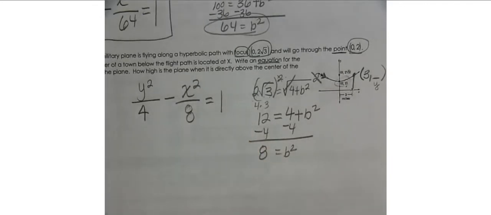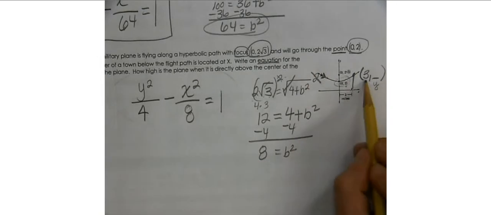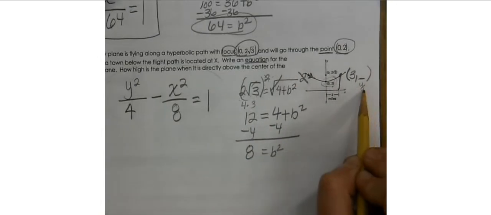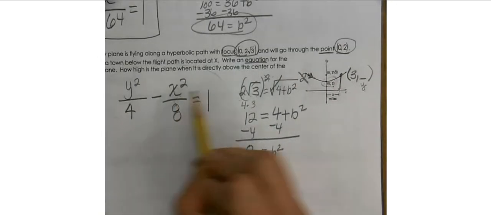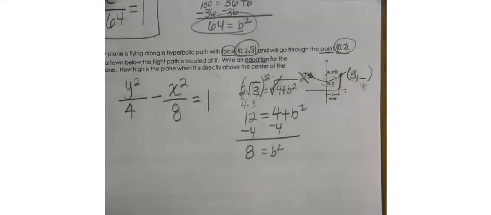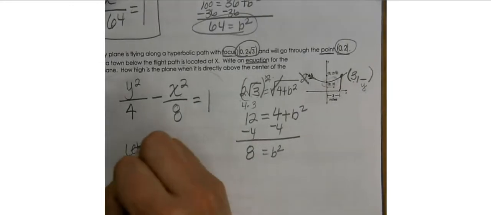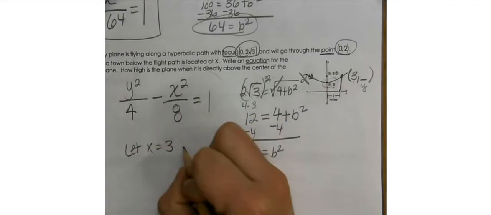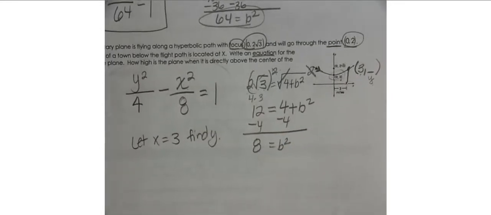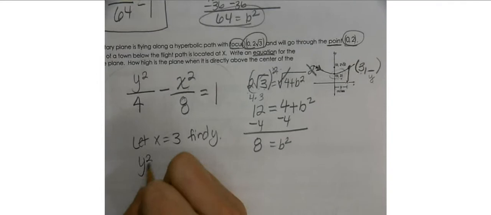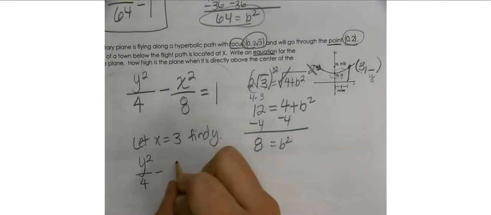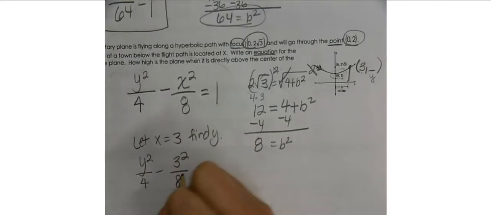Now I'm going to use this equation to help me find what my y value is. I know what x is, so I'm going to let x equal 3, and find my y value, which is going to represent my height. So I'm going to write y squared over 4 minus 3 squared over 8 equals 1.